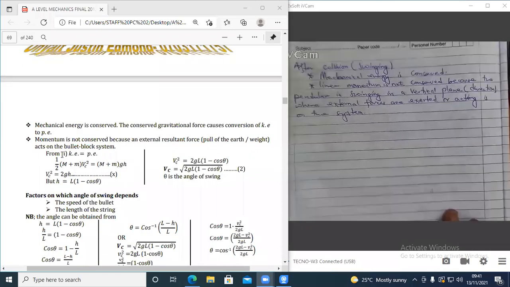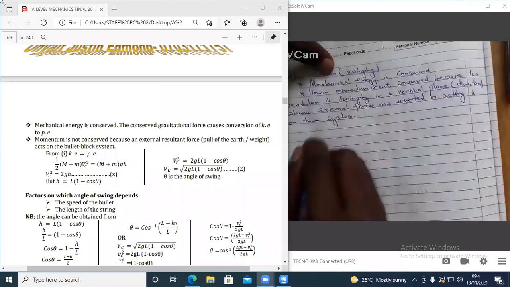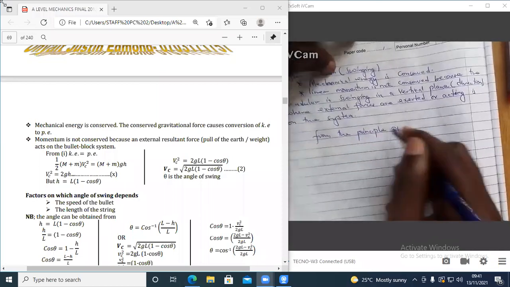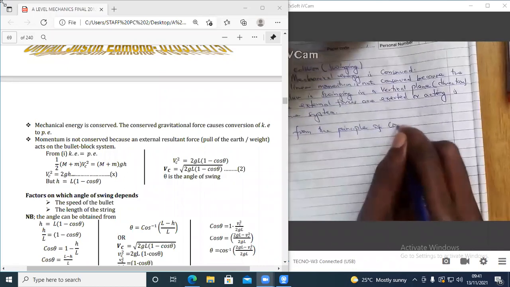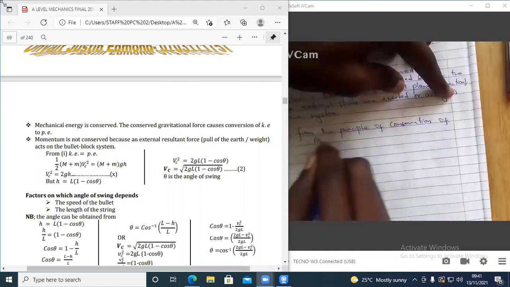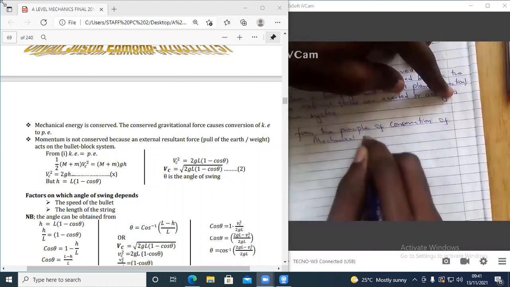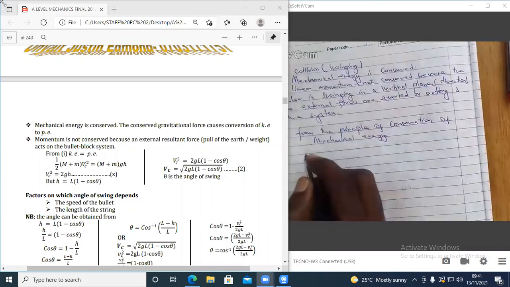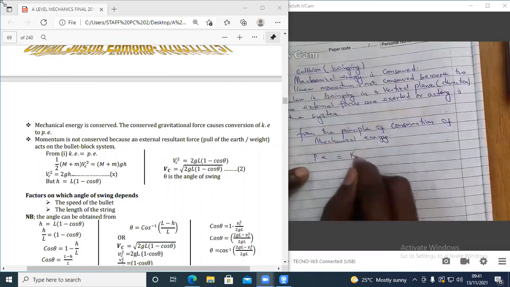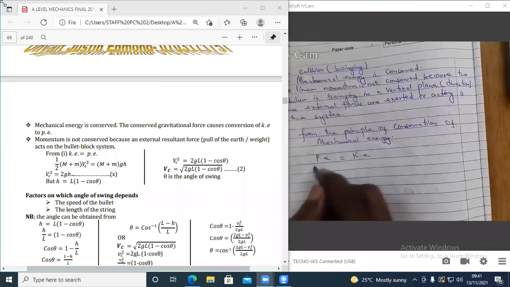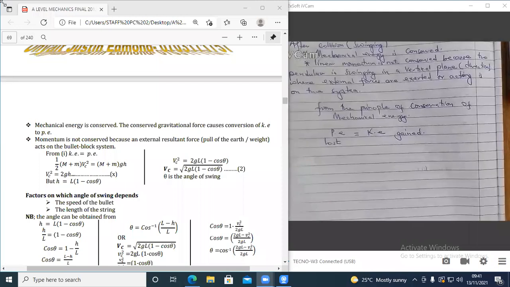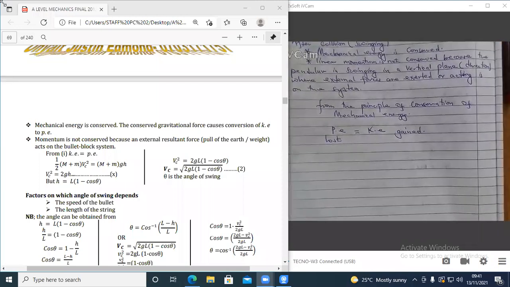So if energy is conserved, from the principle of conservation of mechanical energy, potential energy is equal to kinetic energy. So potential energy lost is equal to kinetic energy gained.